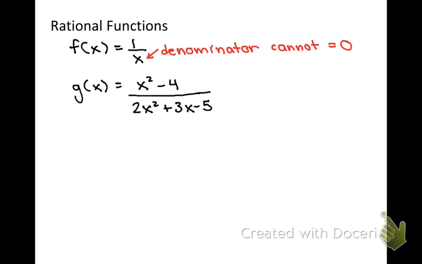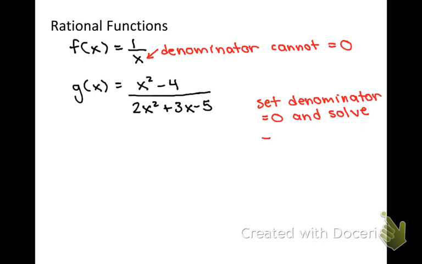Okay, so what we need to do in this case is set the denominator equal to 0 and solve. When we do this, these are going to be the values that you cannot have, because if I were to plug those x values back into my function, those are the numbers that are going to make my denominator 0, which is what I cannot have.